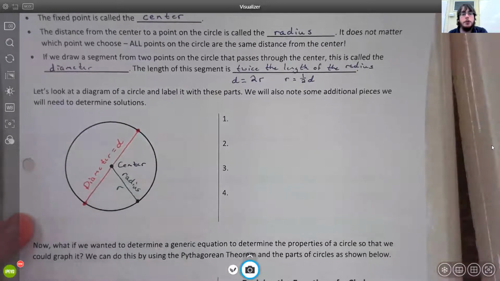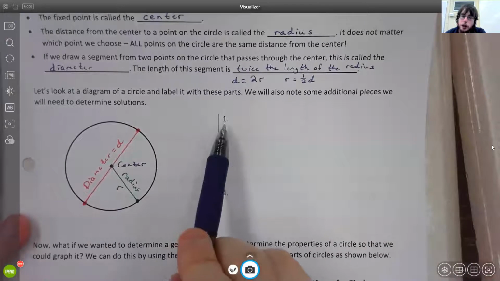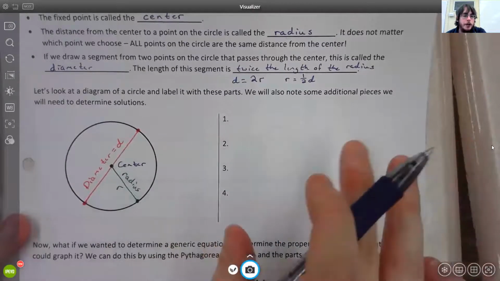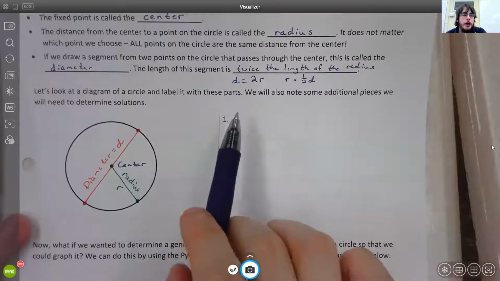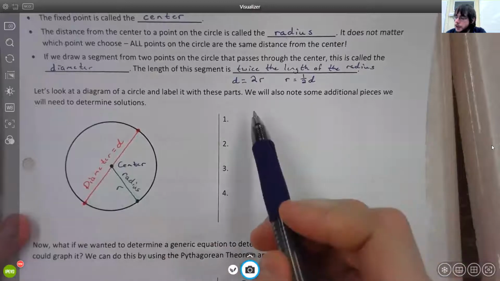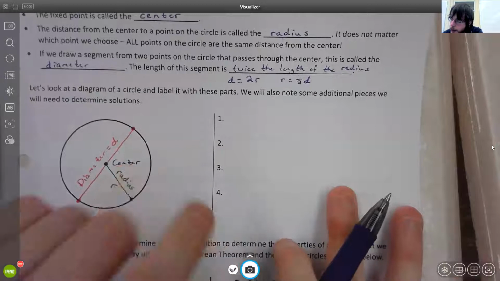Now, there are a few important properties of circles that we need to make sure we're aware of while we solve these problems. The first one, which is one we'll be covering in a future video and how to use it to solve for equations of circles and things like that, is the center point.